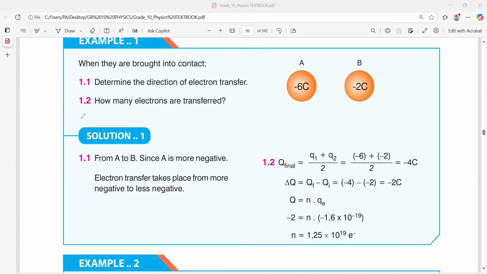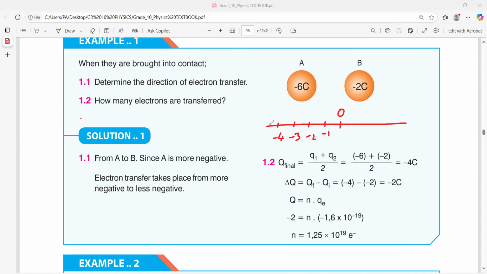Direction of electron transfer, they're asking. To get the direction of electron transfer, you must just check which number is smaller, the lesser number. As you see, -6 is less than -2. You can use a number line: 0, -1, -2, -3, -4, -5, and -6.